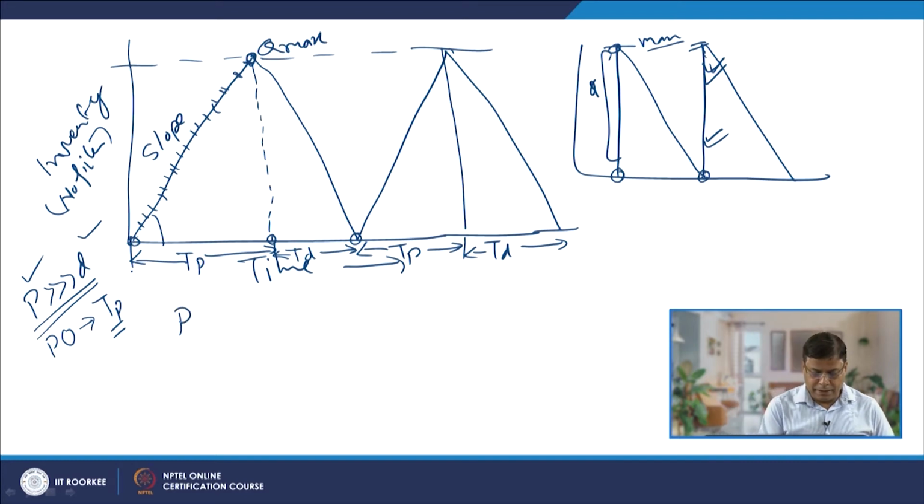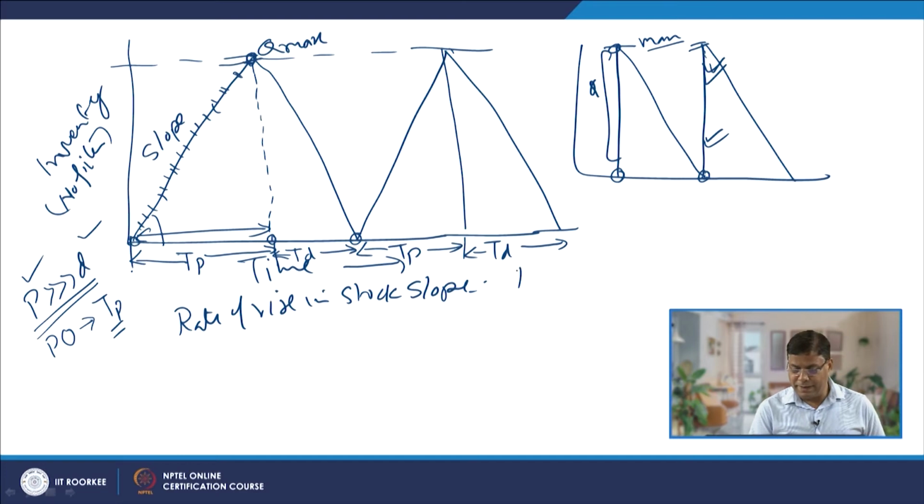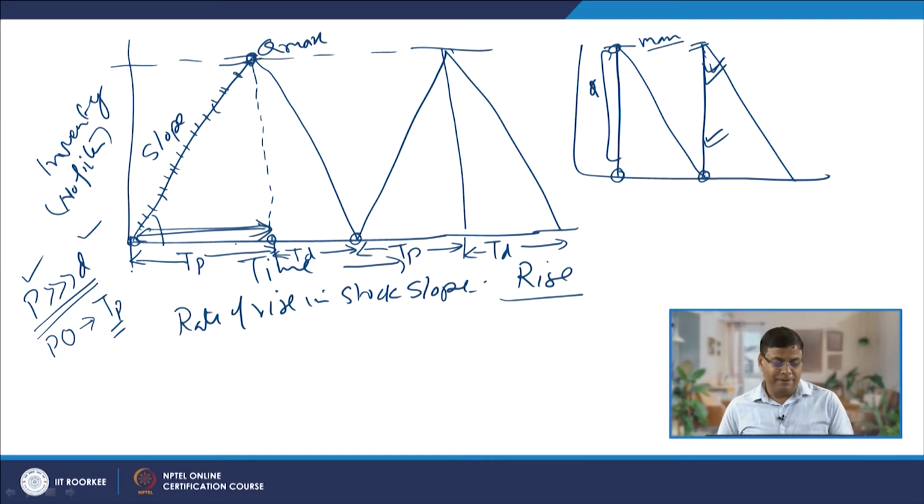And how can we get the slope? Slope is basically the rise over the run: the rise due to the addition of the stock and the time in which this stock rise takes place.